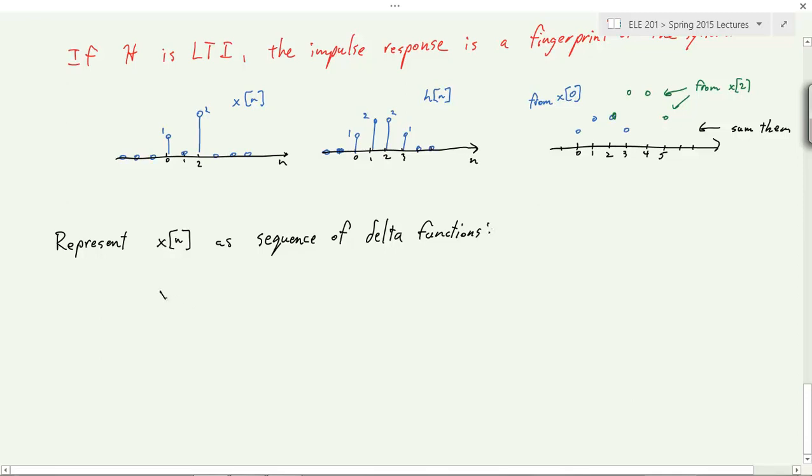Okay, so then what I have is this following argument. The output is going to be h of the input by definition. But here's the step where I'm going to represent x as a sum of delta functions, each scaled by the value of the signal. It's a delta with a delay. Okay, we've talked about this type of representation before.